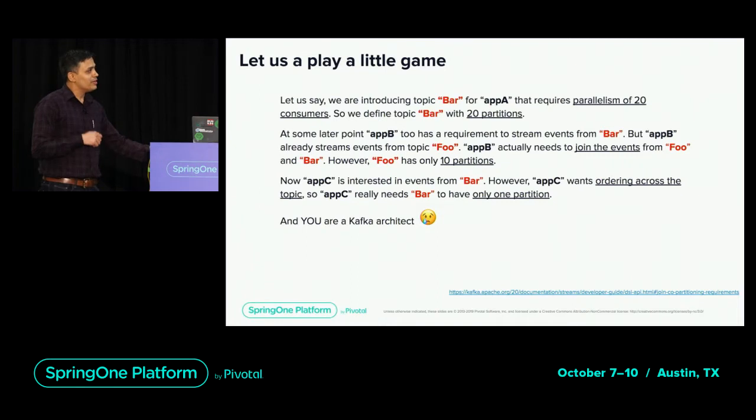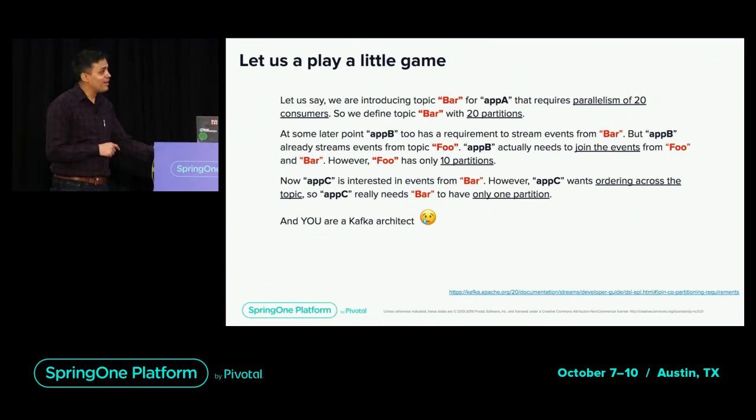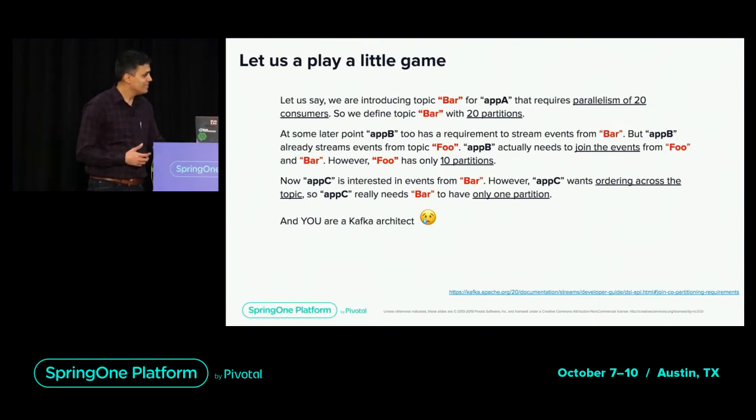So application C really needs bar to have only one partition. Now you're a Kafka architect, and the third developer, whom you promised that you can have whatever partitions you like, gives you a requirement, and you can't meet that requirement. What do you do? You're a Kafka architect.